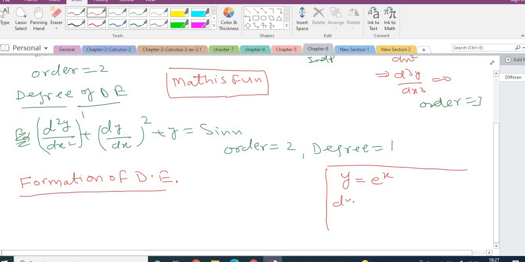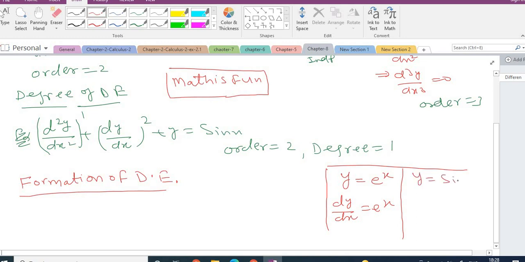If I say find dy dx, then dy dx is equal to e power x. See that this equation is written in the form of derivative with dependent and independent variables, so it is called a differential equation. So formation of differential equation means finding derivatives.